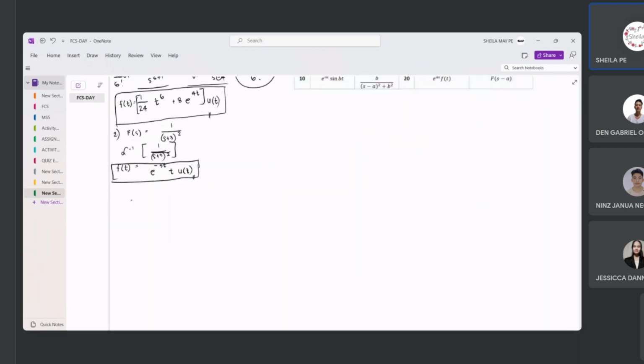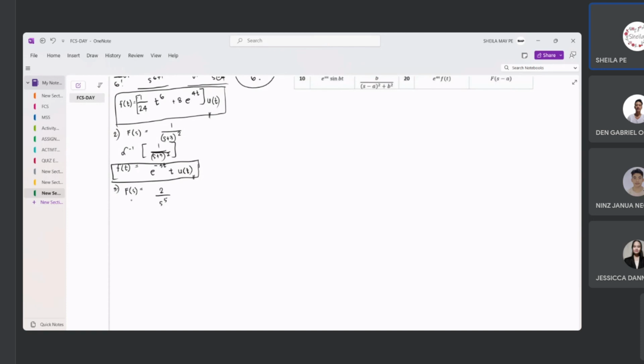So for number 3, class, we have F of s. Say if you have F of s of 2 over s raised to the power of 5.